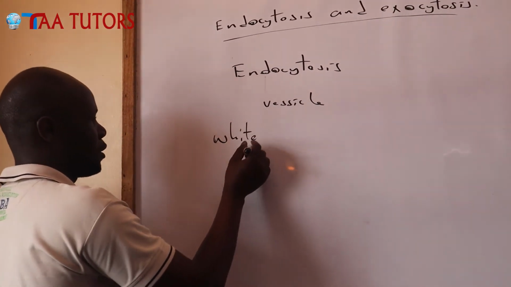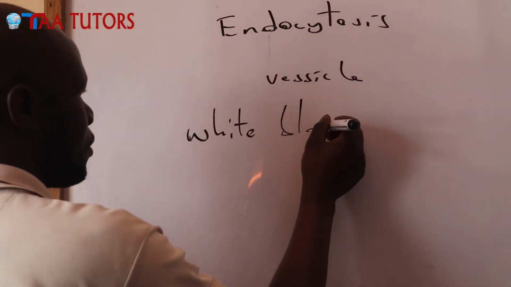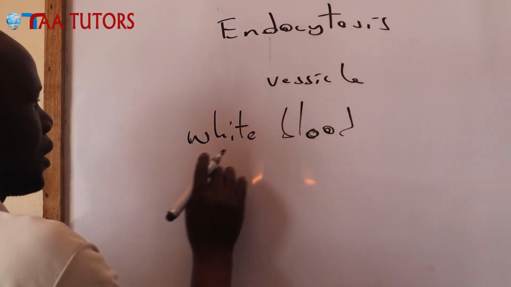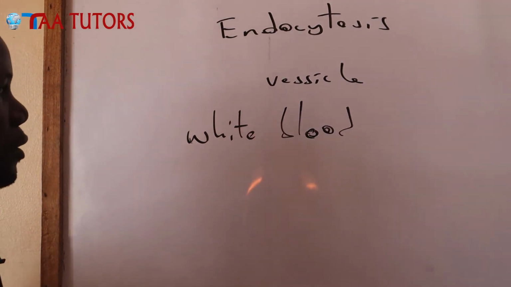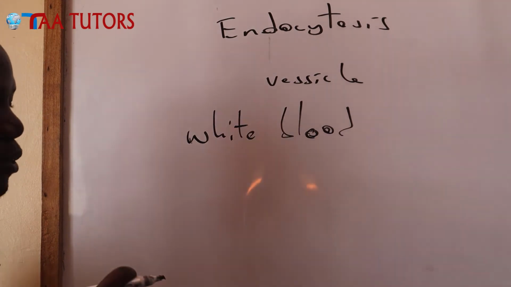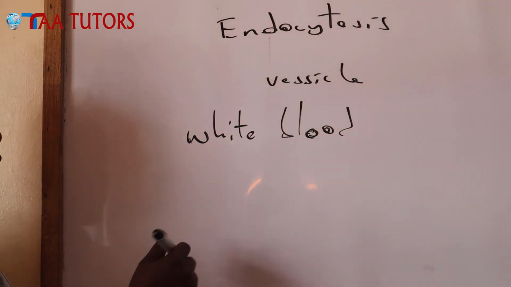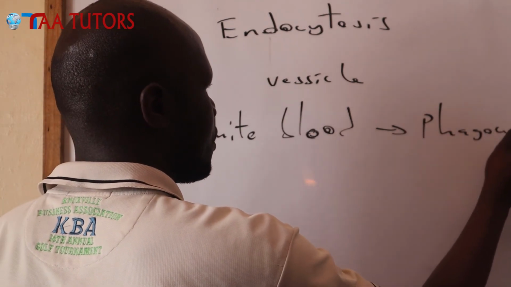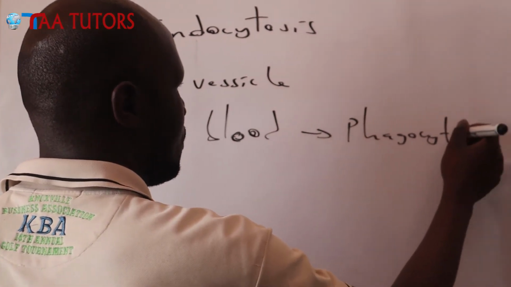This is a very common thing. White blood cell, we talked about this earlier at a lower level of learning. We said that white blood cells help to protect our body against infection, and the process was referred to as phagocytosis. So what did we learn?